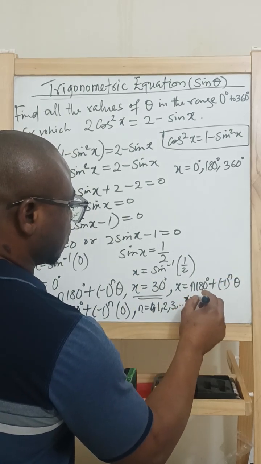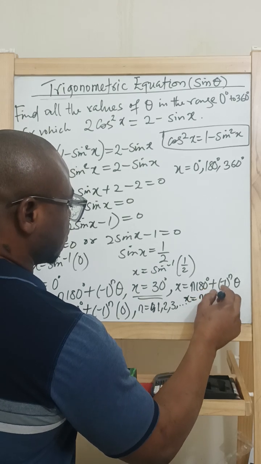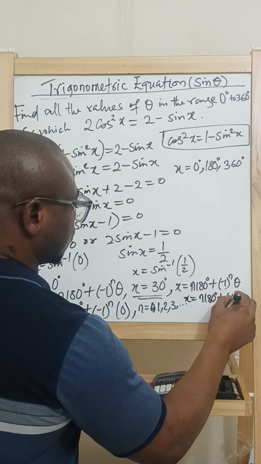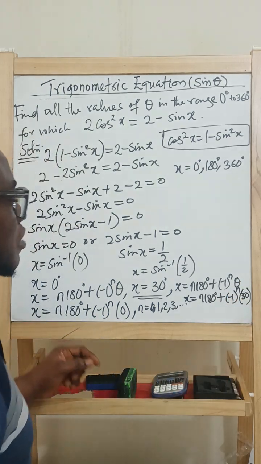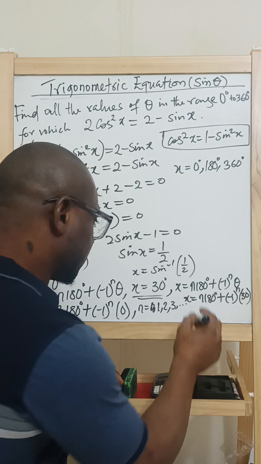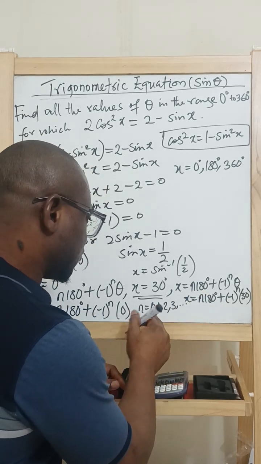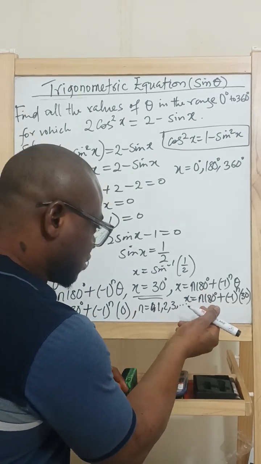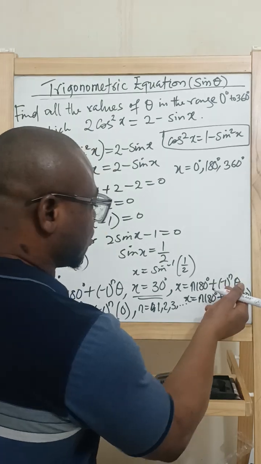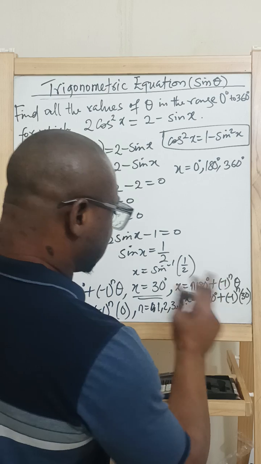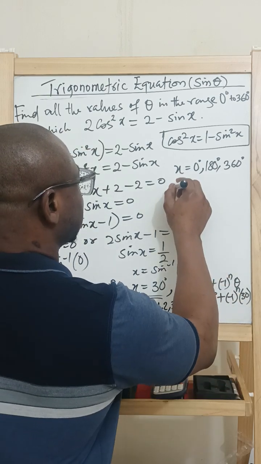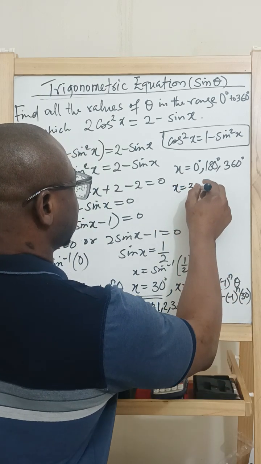So x is n 180 plus minus 1 raised to the power n times 30. Now we start putting in the values of n. When n is 0, minus 1 raised to the power 0 is 1, so we only have 30 left. So x will be 30.